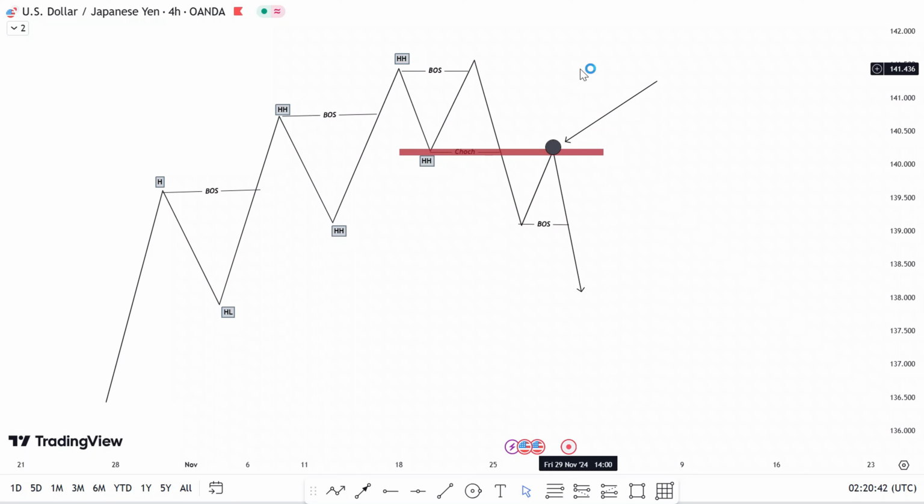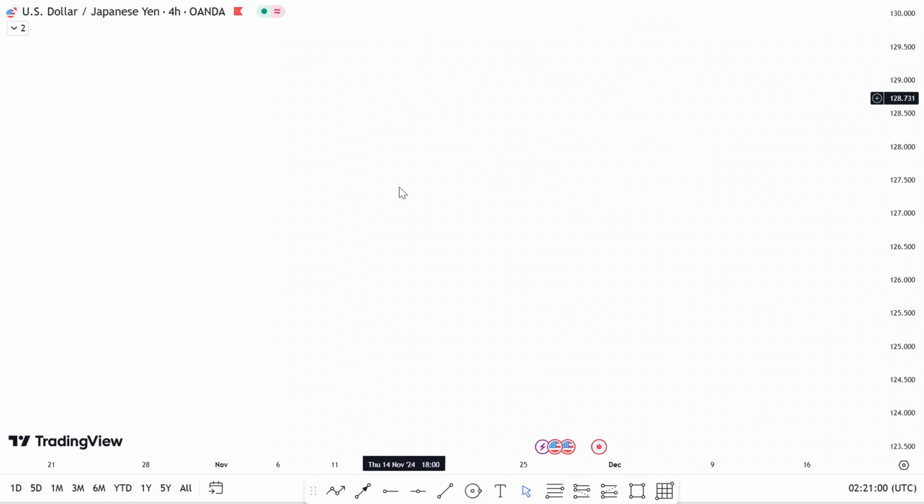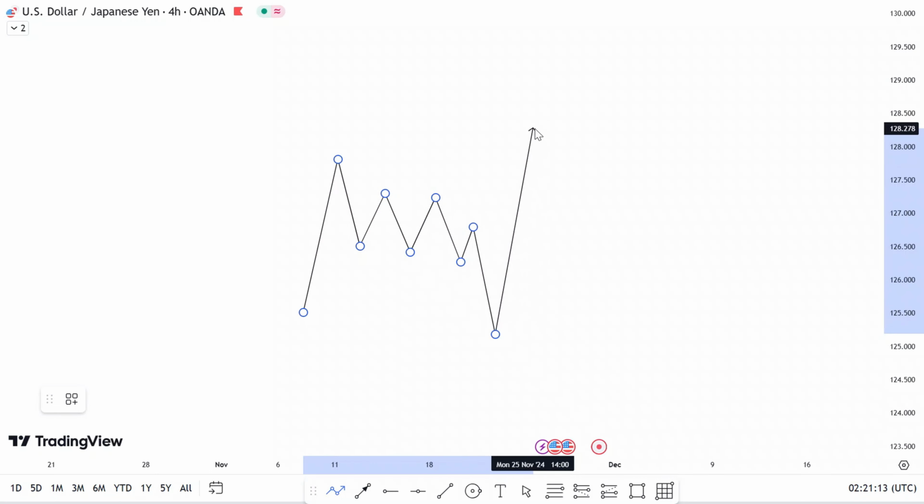Now, market structure and market patterns become very much more common if you visit the chart more often. I'm not talking about candlestick patterns. I'm talking about market patterns, which means there are times where you see a structure like this, a market structure, that is more often seen in the market. You see, let's say, a structure like this.